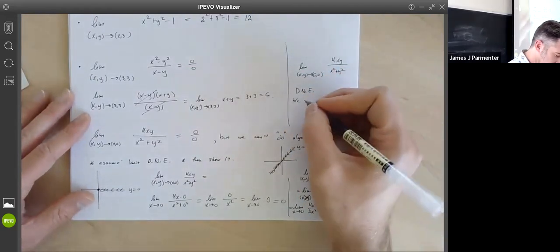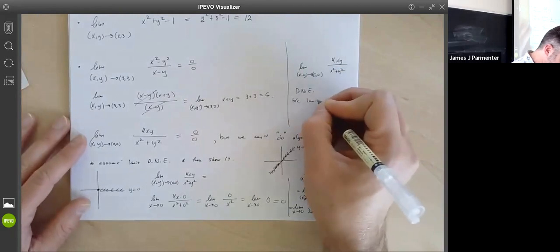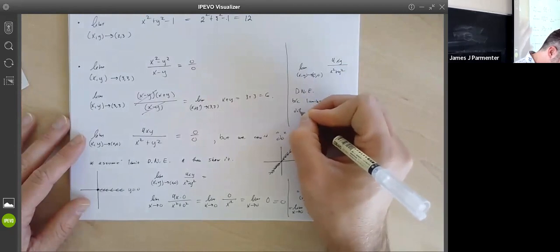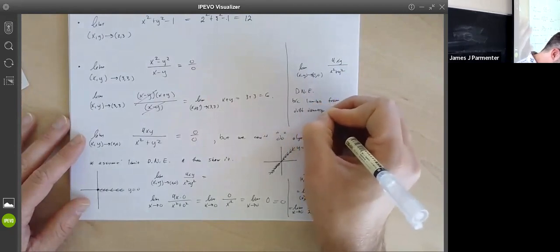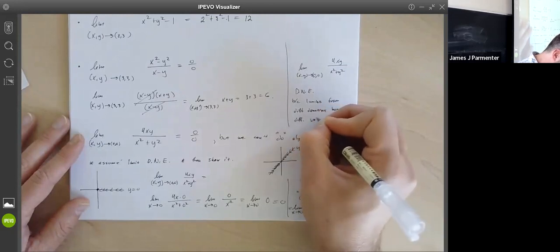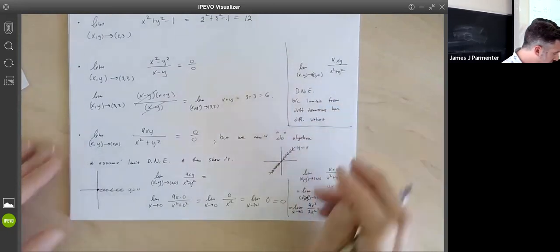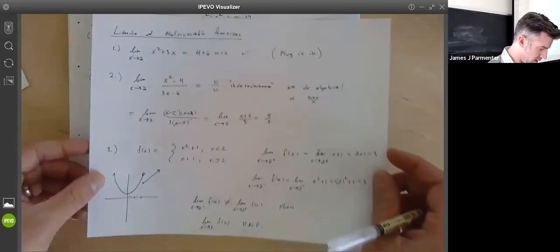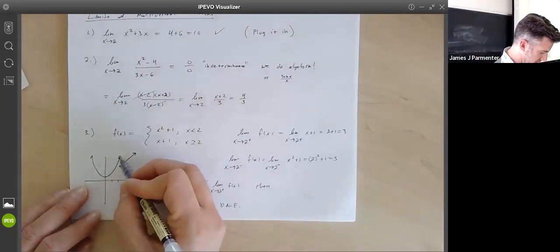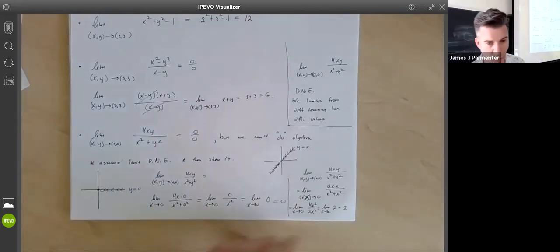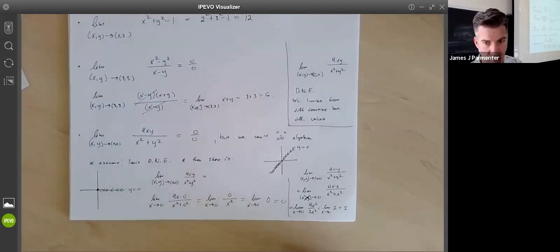You don't have to write because, but I'm going to write because limits from different directions have different values. So it's very much like this situation here, where the left side is doing something like this and the right side is doing something like that, and they're not getting close to the same value. It just looks way, way funkier in 3 dimensions.